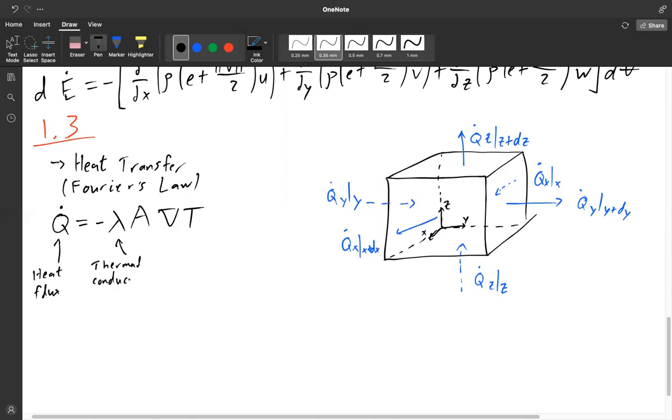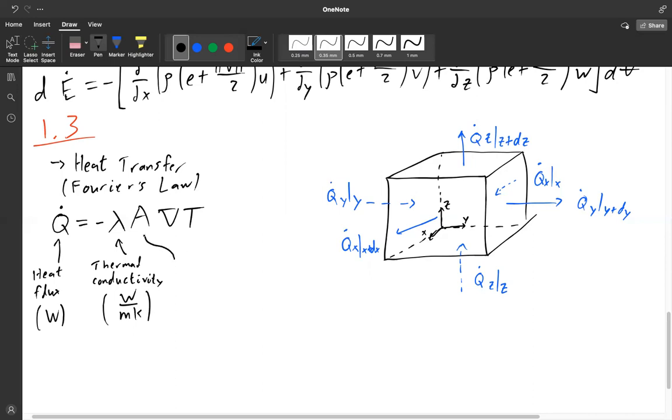You might also recognize the thermal conductivity being K. However, we already denoted K to be the body forces, so that's why we're using lambda as the variable for thermal conductivity. And I should say that heat flux has a unit of watts. Thermal conductivity has units of watts per meter Kelvin.